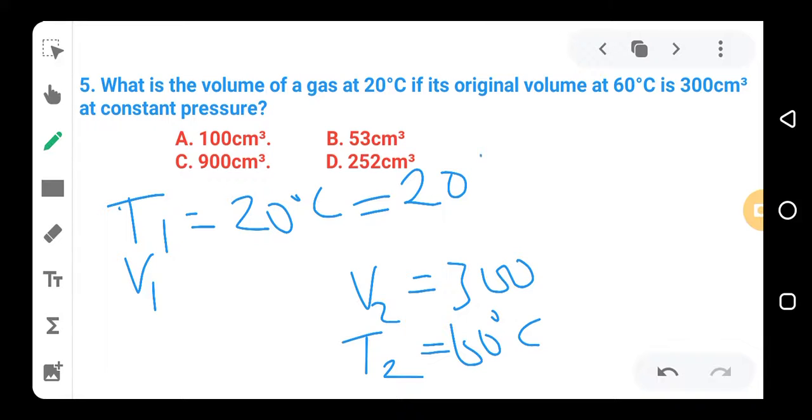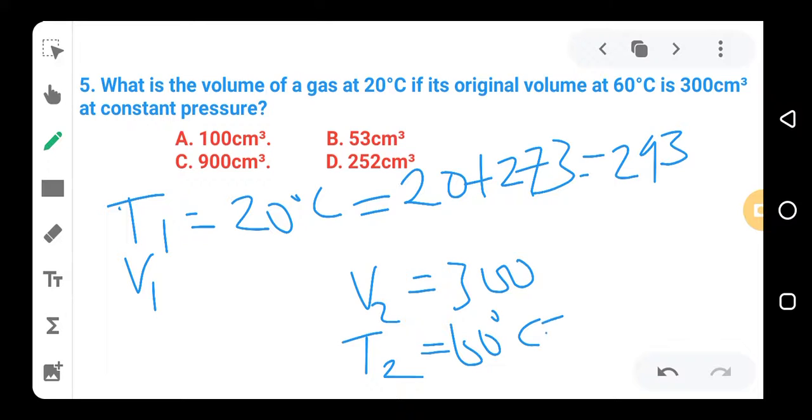Now we have 20 plus 273. We just add 273 to it, and we have 293.